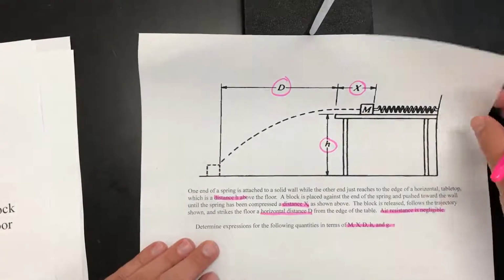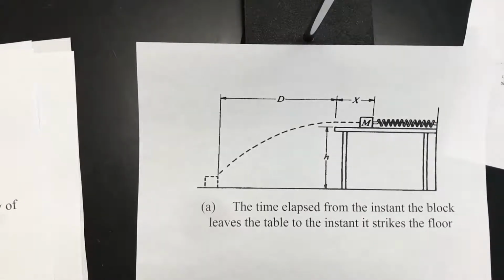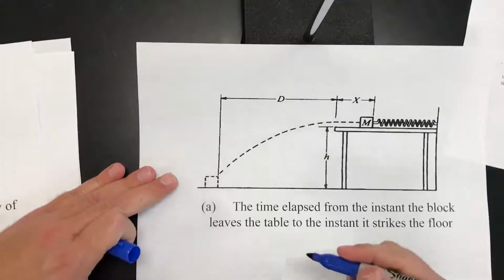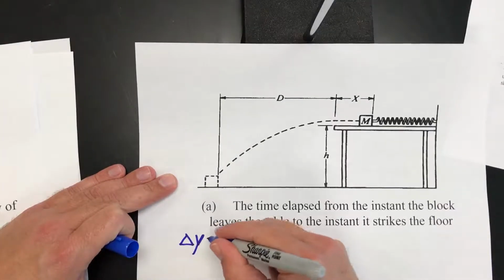So let's look at the first part right here, where we solve for the time elapsed from the instant the block leaves the table to the instant it strikes the floor. We've done this before, so this should become pretty obvious. So we're going to use the third equation. I'm going to write it in vertical terms.